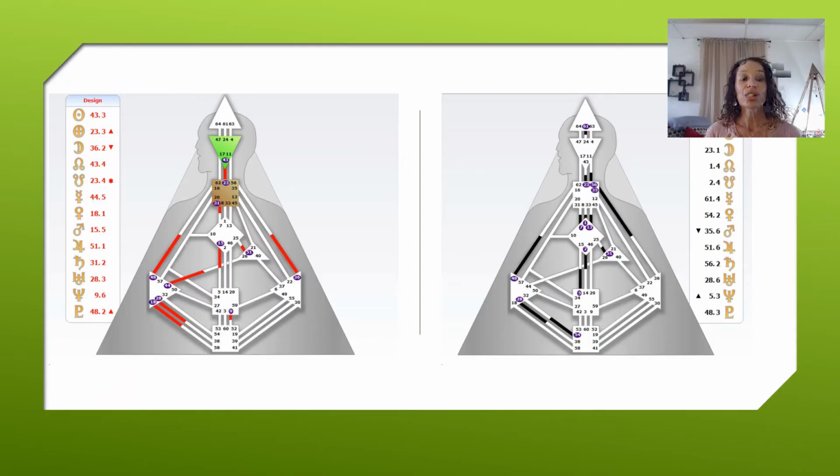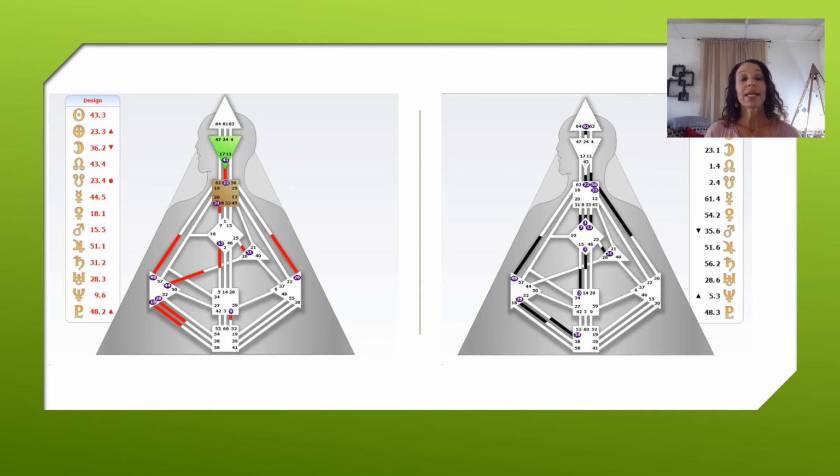And you look at your chart, you will also have a page like this, which is kind of the split view. So you can actually see what your chart looks like if it's just the design lit up on it. And you can also see on the right hand side what it looks like if it's just the personality lit up.